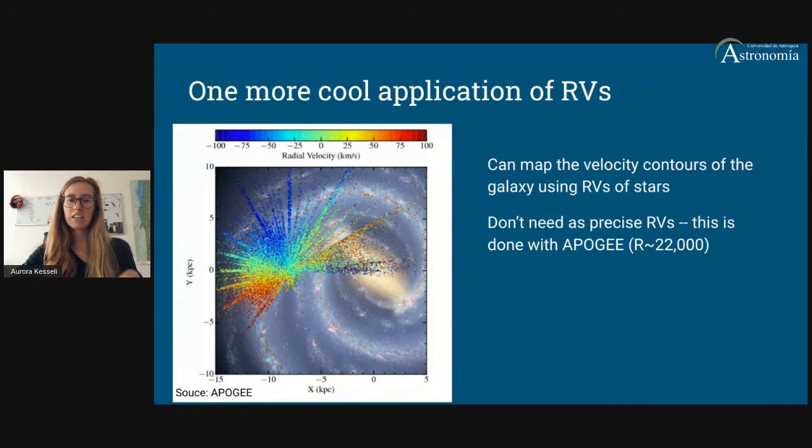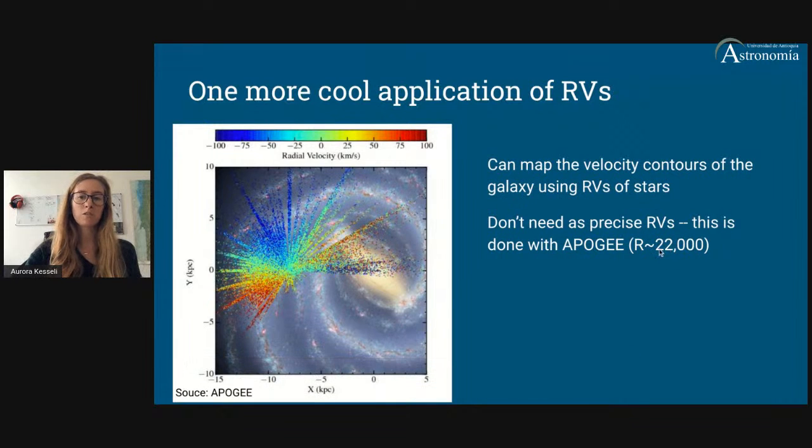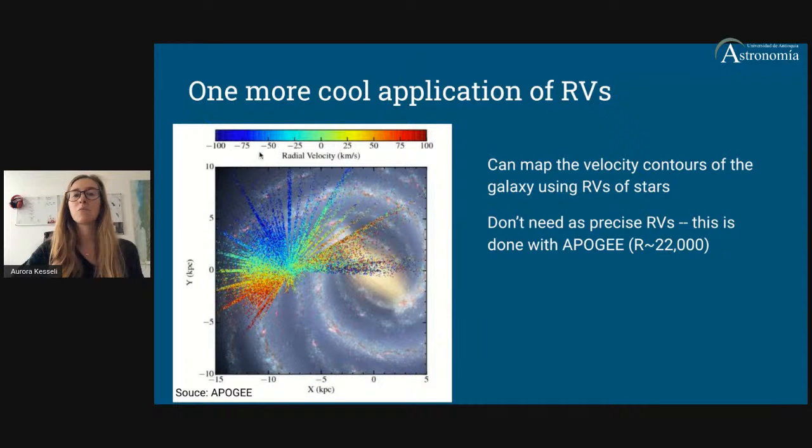But APOGEE, instead of trying to get extremely precise radial velocities for a few stars and trying to measure those over time to find exoplanets, is trying to take spectra of as many stars in the galaxy as they can. And so you don't need quite as precise radial velocities, but you still do need pretty high resolution. So it's a resolution of about 22,000 in order to get the radial velocity precision that we have here.